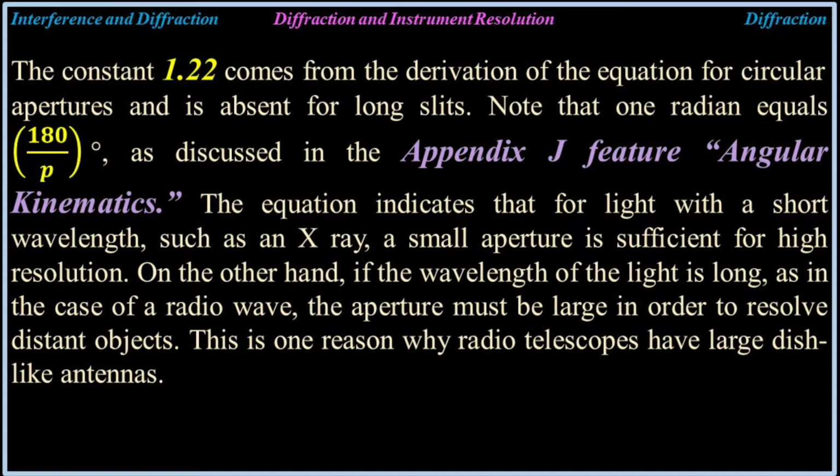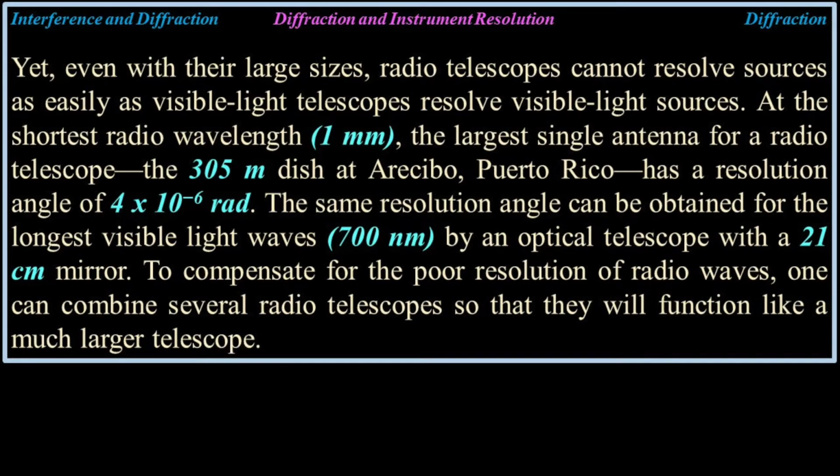This is one reason why radio telescopes have large dish-like antennas. Yet even with their large sizes, radio telescopes cannot resolve sources as easily as visible light telescopes resolve visible light sources.